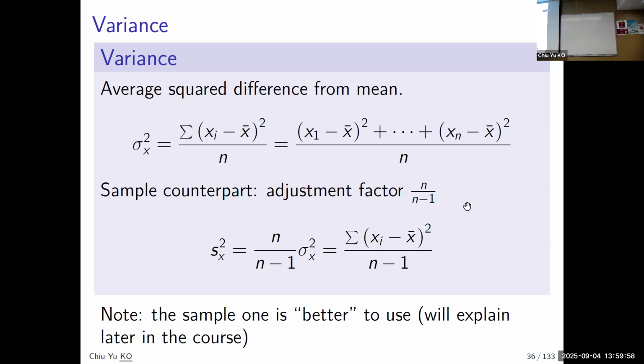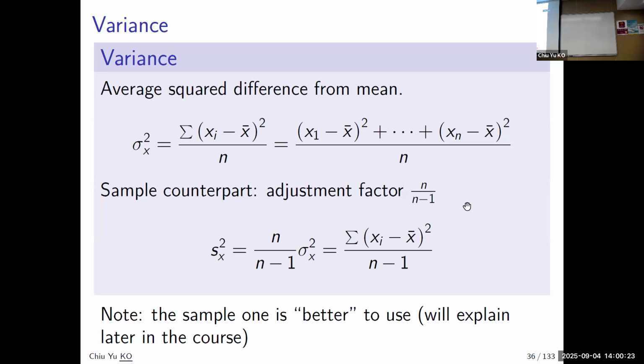Okay. But if you collect data, and suppose you get 10,000 people, you calculate the mean, you calculate the variance, and you want that variance to be a good guess of what the actual population variance is, then you have to use this one.